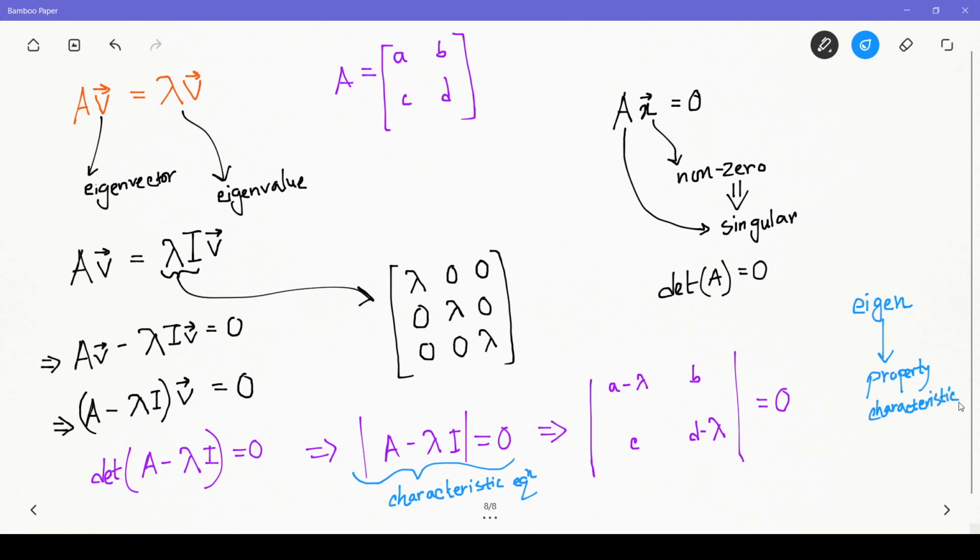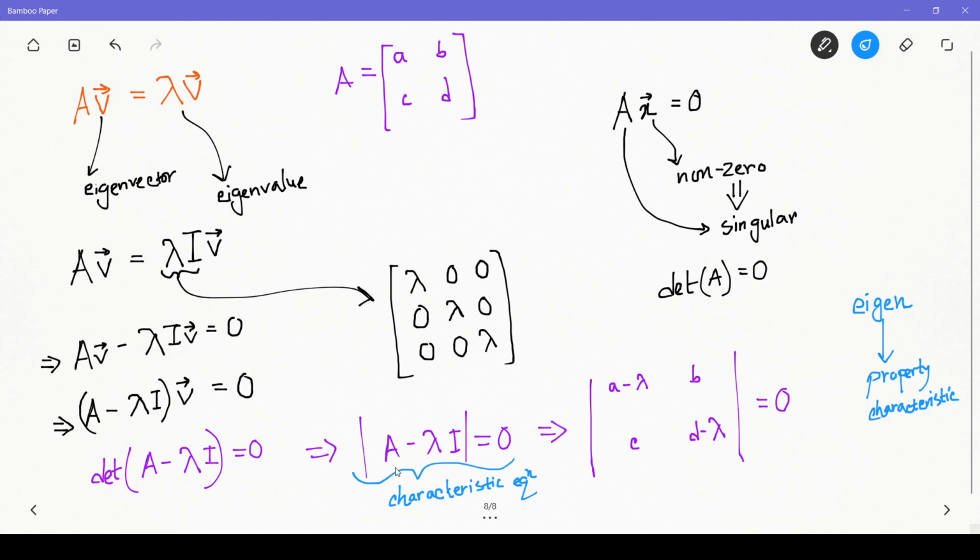So from this German root word eigen, whatever equation we end up with, the equation whose solutions give me the eigenvalues, is called the characteristic equation, since it gives me a characteristic or a property of the original matrix A.